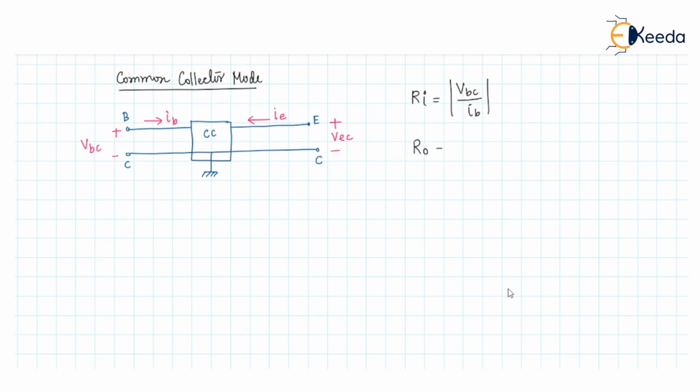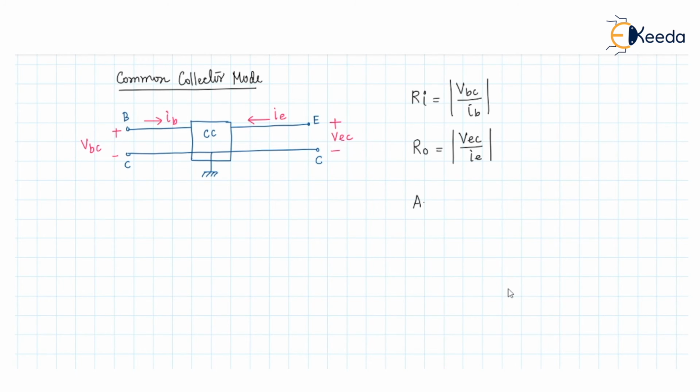Similarly, if we want to find the output resistance of the common collector mode, it will be VEC divided by IE, that is the output voltage divided by the output current.